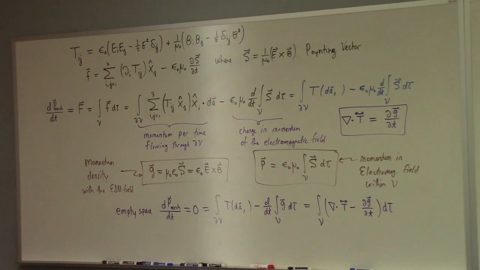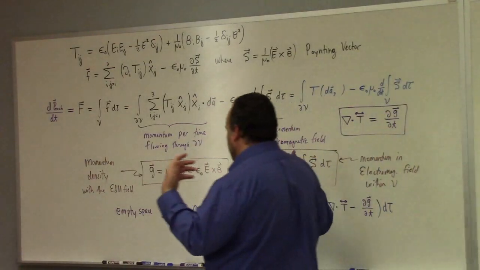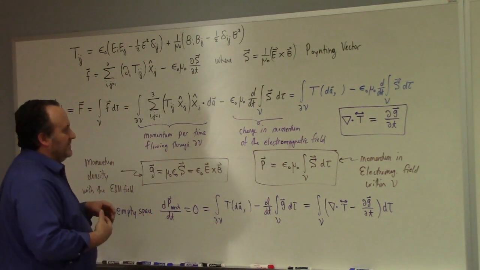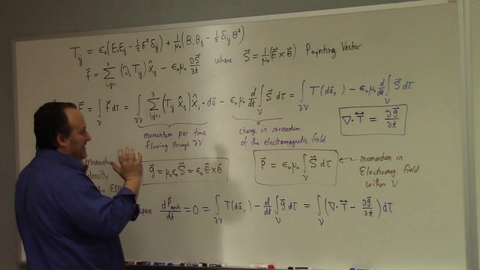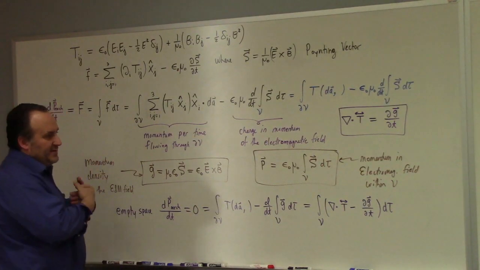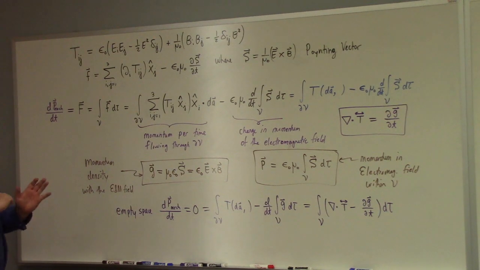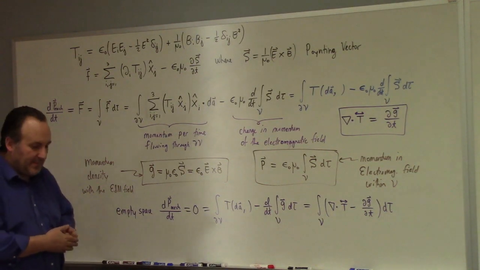And these can be traded back and forth, right? The total momentum has to be a combination of the momentum in the electromagnetic field as well as the momentum carried by massive charges through their motion. Both of those things have to go together in order to understand conservation of momentum.